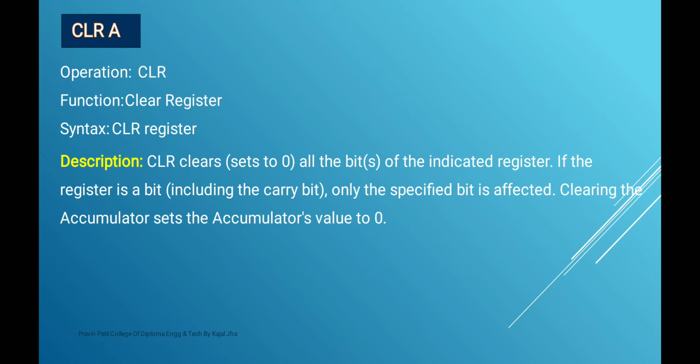Suppose the accumulator is filled with the value 05H, after the instruction CLR A, the accumulator gives the value 00H. CLR clears the register, means it resets the register. CLR clears or sets to 0 all the bits of the indicated register. If the register is a bit including the carry bit, only the specified bit is affected. Clearing the accumulator sets the accumulator value to 0. That means the accumulator is totally cleared here.